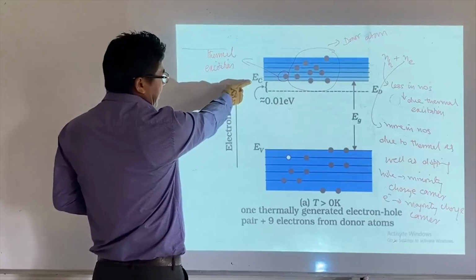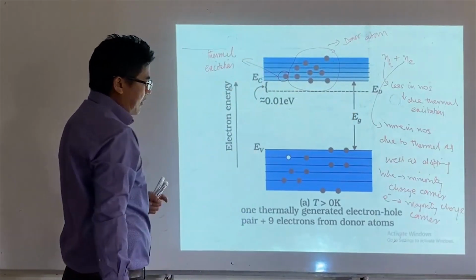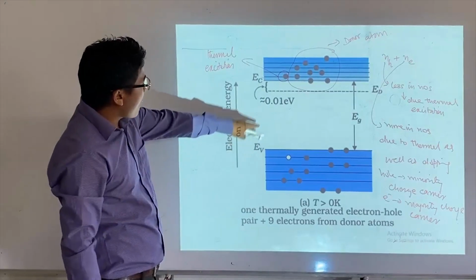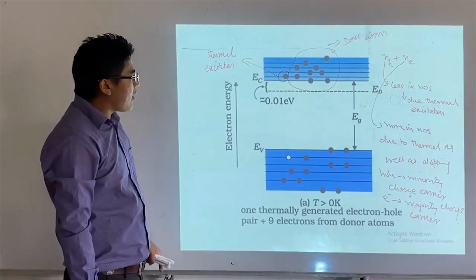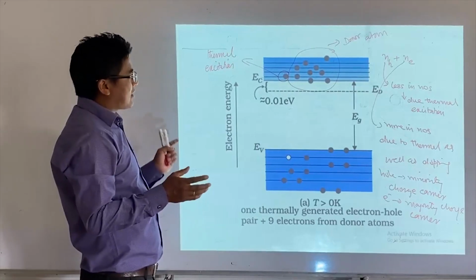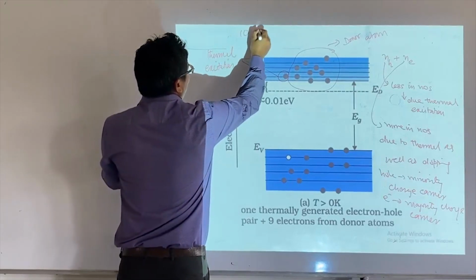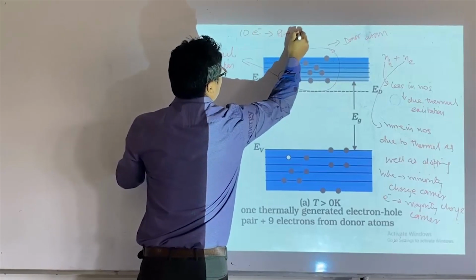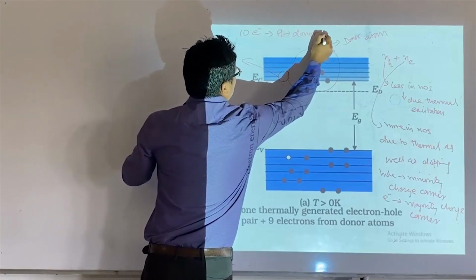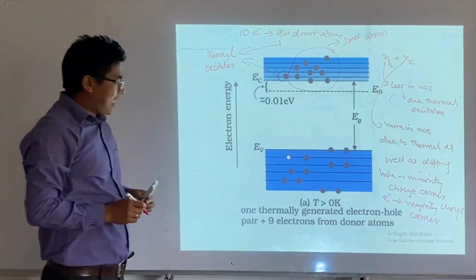This is the conduction band, this is the donor energy level, and this is the valence energy level, right? In this way, the conduction band has 10 electrons, out of which 9 are due to donor atoms and 1 is due to thermal excitations.